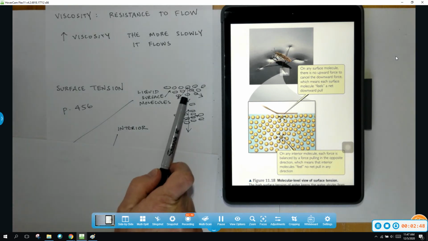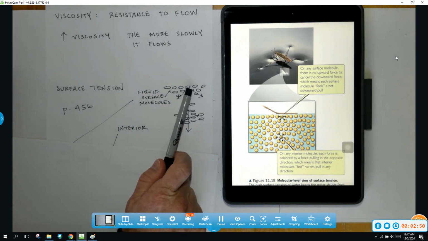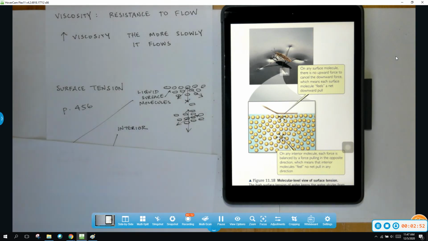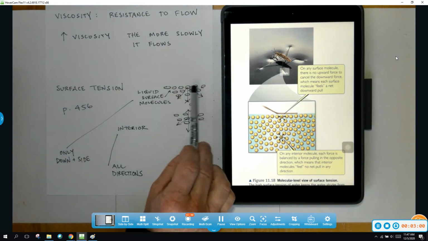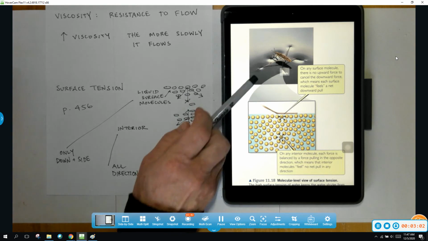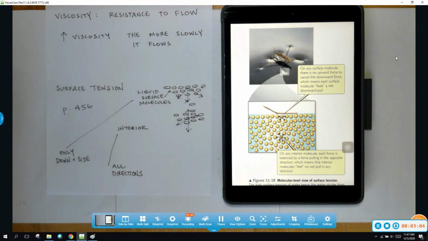Since the surface of the liquid is special and is only attracted in three different ways, not up as well, only down and to the side, it allows a skin to form on the top of the surface, and things like bugs and lightweight pieces can appear to float on top of water, for example.